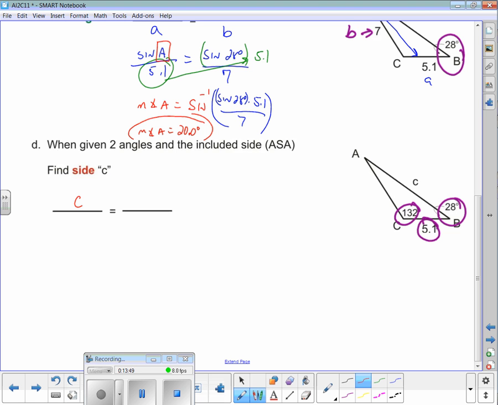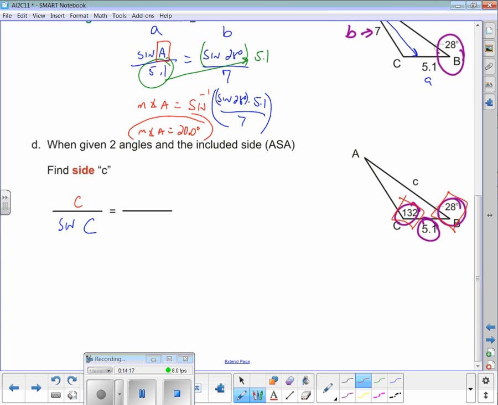All right, I'm going to put side C on the top. Always what I'm looking for. Has to go under sine C. And again, I got to look and see, what data do I know? Okay, in this situation, it appears like I don't have enough data. However, remember the 3 angles of a triangle equal 180 degrees.